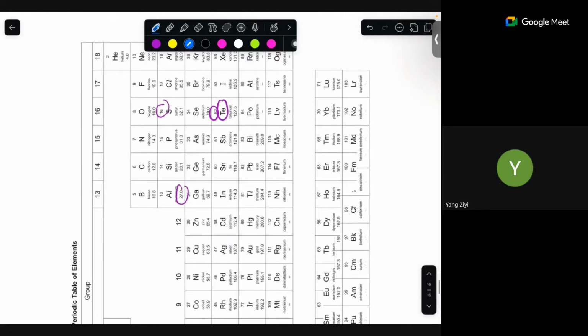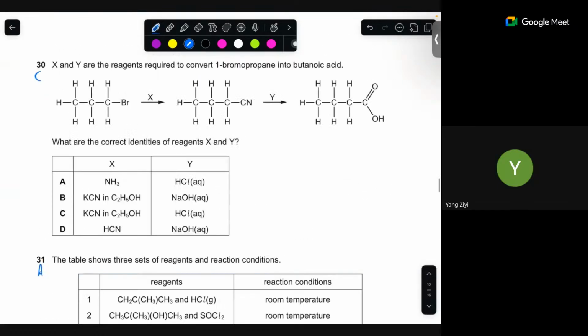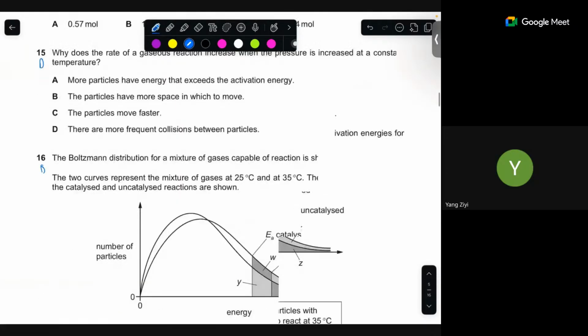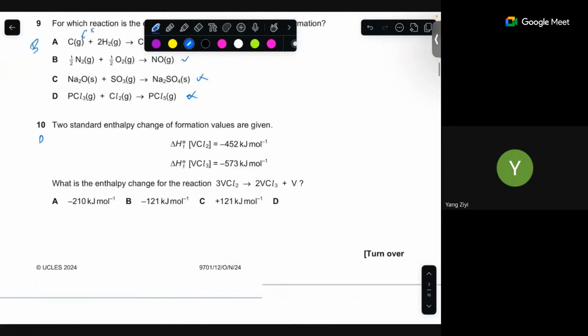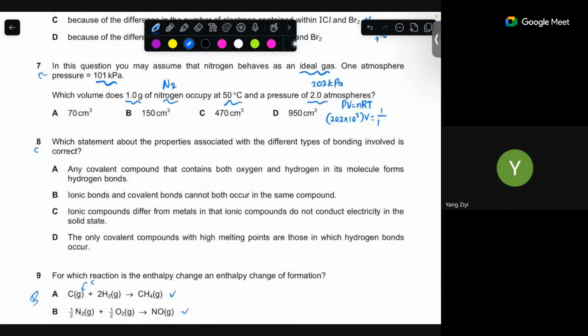It is going to be 14, and then that's 2, so I'll leave it as 28. 8.31 is going to be the R. You can check from the constants.